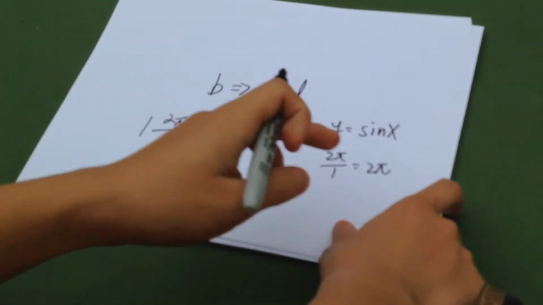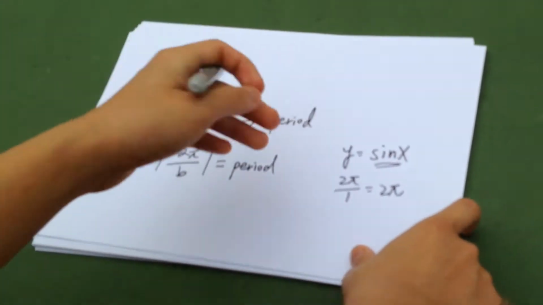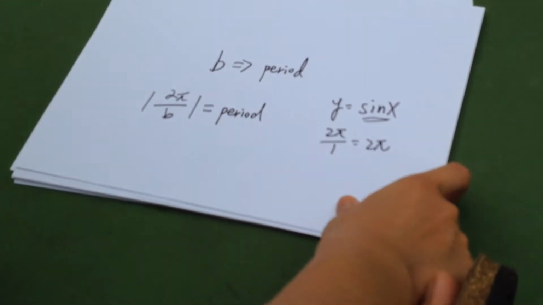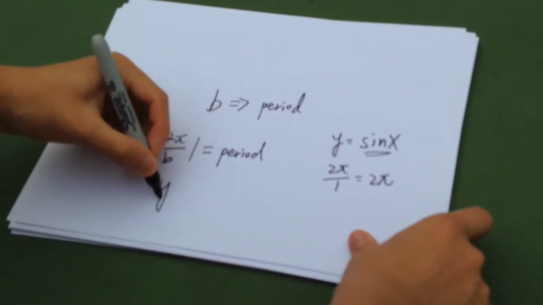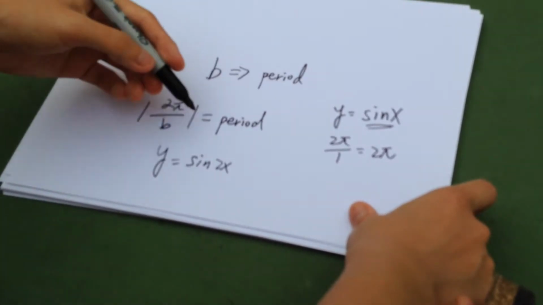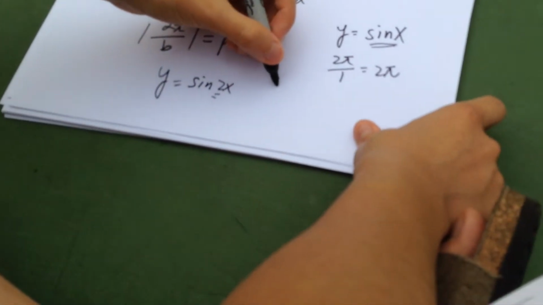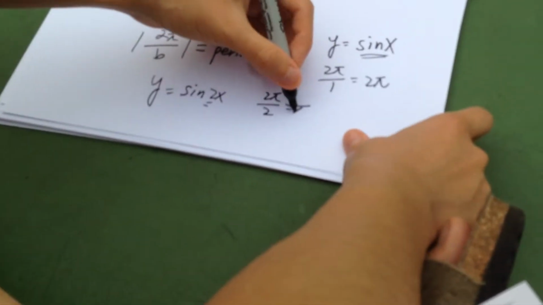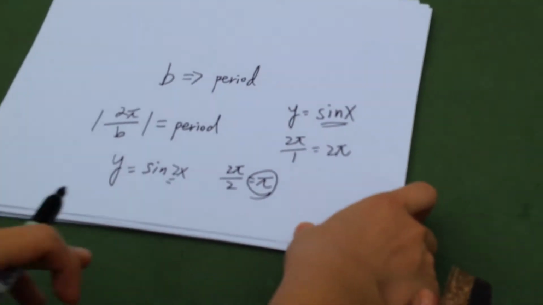So the period of a normal sine graph is 2 pi. You already know that. However, if we have sine 2x, and we plug the numbers in, 2 pi over 2 equals pi. Then the new period will actually be pi.